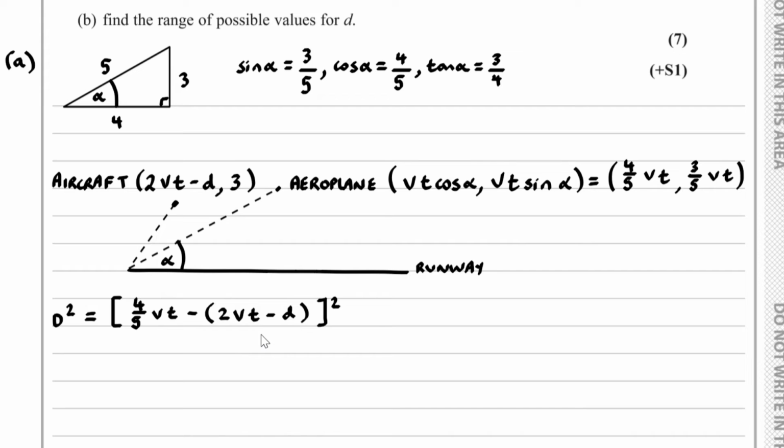Then we square this, and then for the y coordinates, well, we have 3/5 vt subtract 3, then squared.